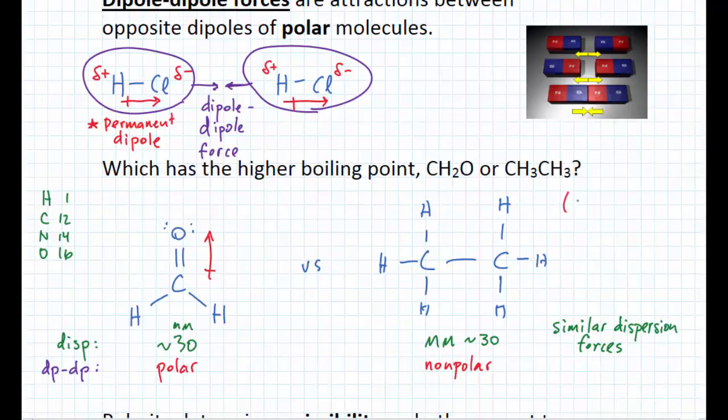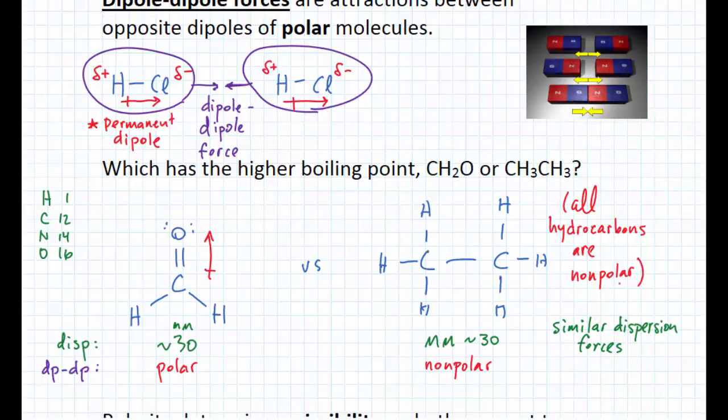And in fact, all hydrocarbons are nonpolar. So really, we didn't even need to draw that one out. If it just contains C and H, it's nonpolar. There's no way to make arrows that align in one direction.